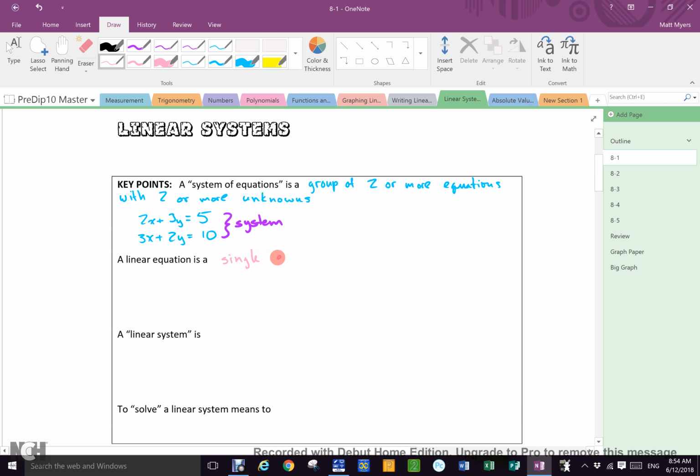A linear equation is a single equation with at least one unknown that has a constant rate of change, yes? Everyone agree? Everybody knows what all those words mean, right?